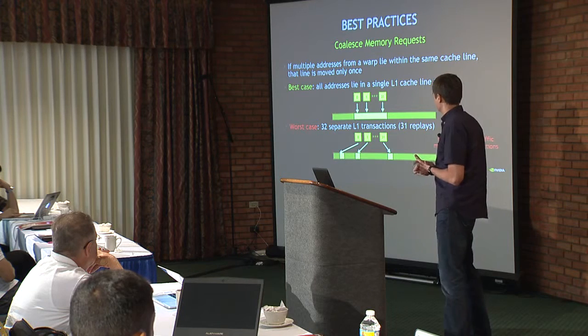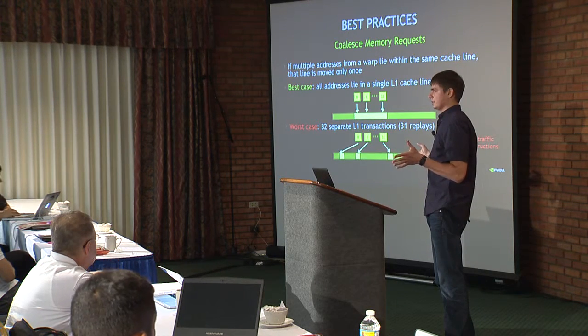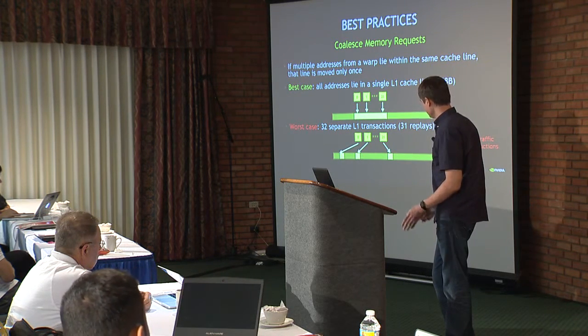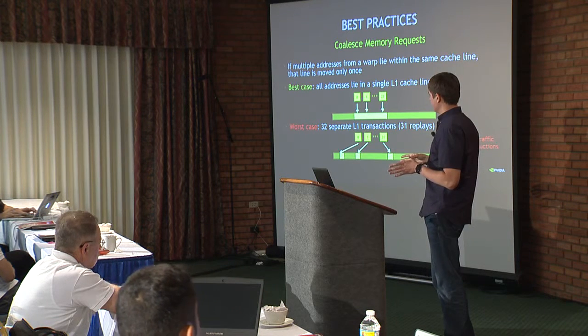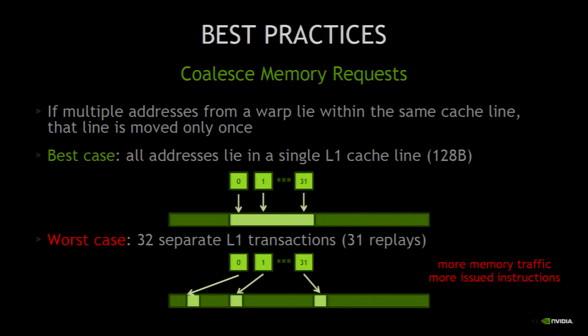That's the best scenario. Now, what will happen if we have a scattered access from all the threads, or a kind of memory divergence in this case? In this scenario, there will be 32 separate transactions for L1, and each transaction will actually generate an additional replay of an instruction. So not only will we waste some memory bandwidth, because we have to bring more data than necessary, since each cache line is 128 bytes, but we also generate more instructions.